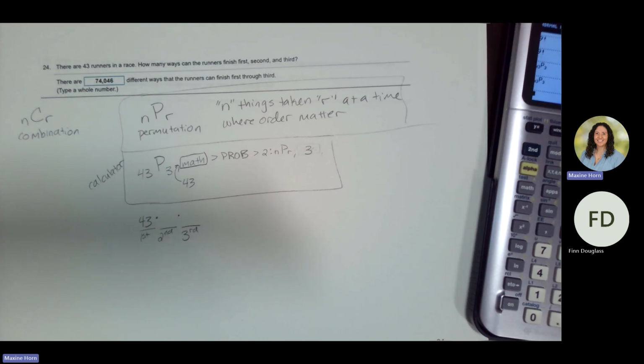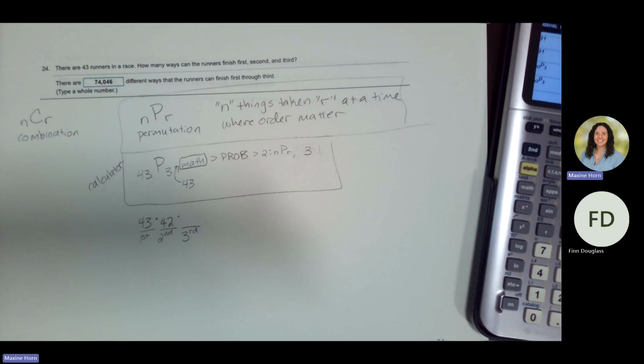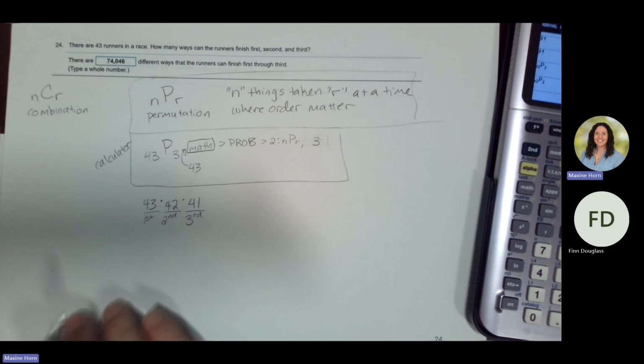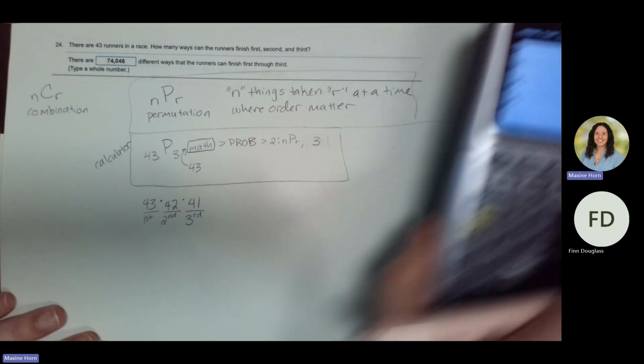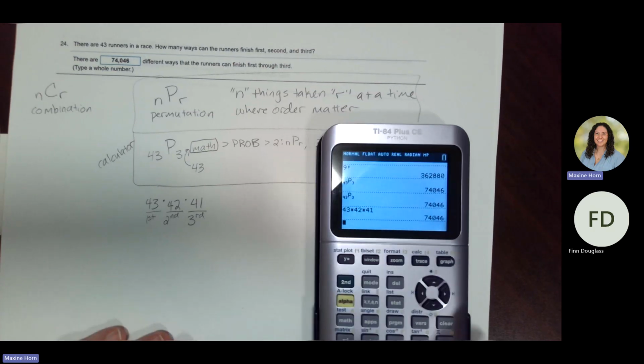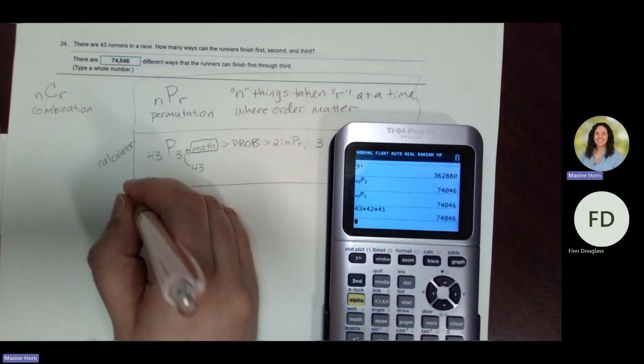But once somebody places first, there's no longer 43 people to choose from for who gets second place. Now there's only 42 people to choose from. And once somebody finishes second, now there's only 41 people to choose from for who finishes third. So if we take those, 43 times 42 times 41, we're still getting that same number, 74,046, right? Still getting the same thing.